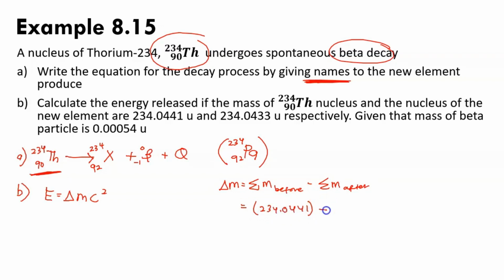234.0441 minus mass after, which is the summation of element X plus beta particles, 234.0433 plus 0.0054. Okay, and then you will get the answer in the unit of u.